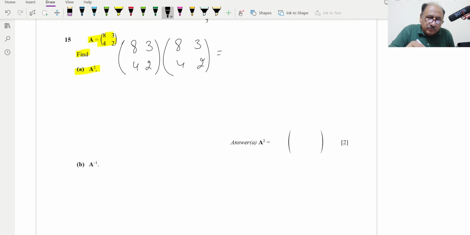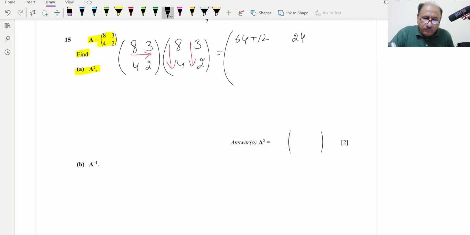First row first column we will be multiplying, and we will get 8 into 8 will be 64, and plus 3 into 4 will be 12. Then first row and second column.